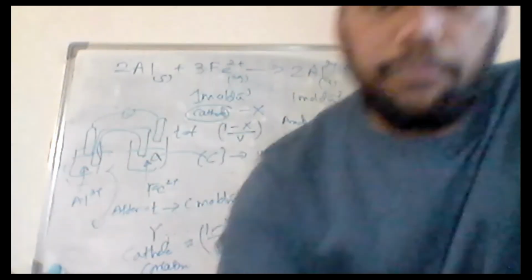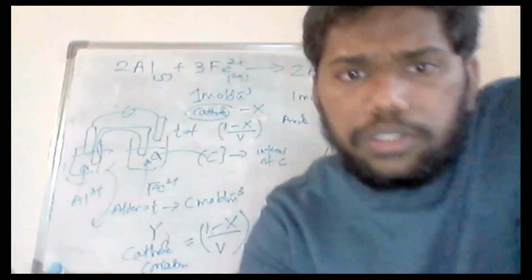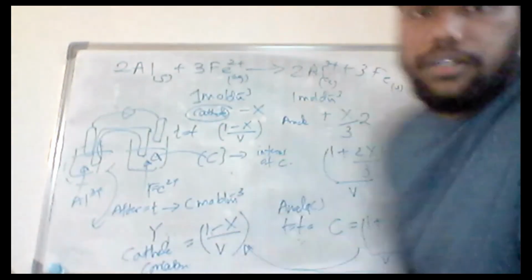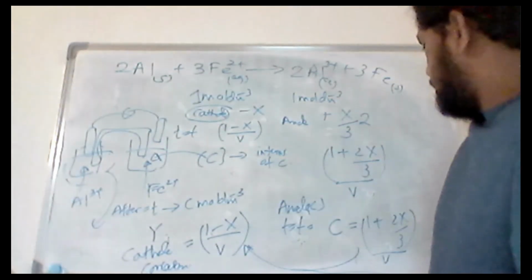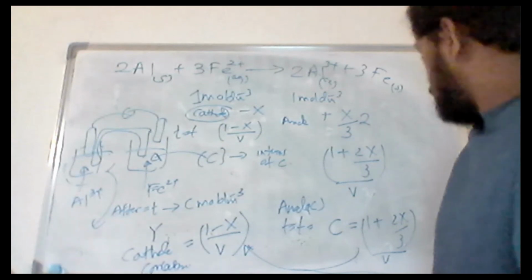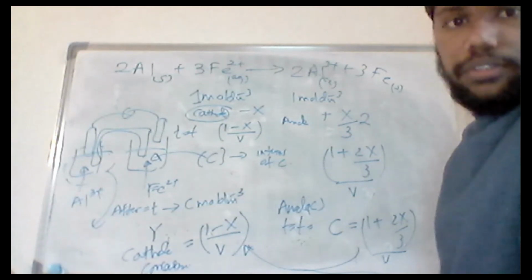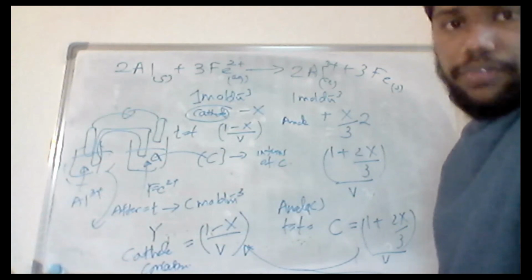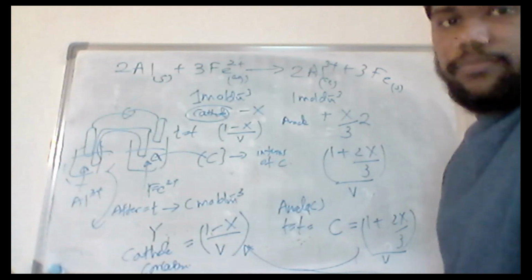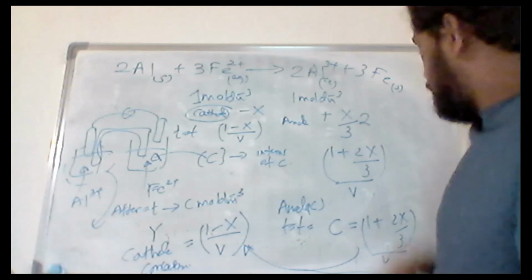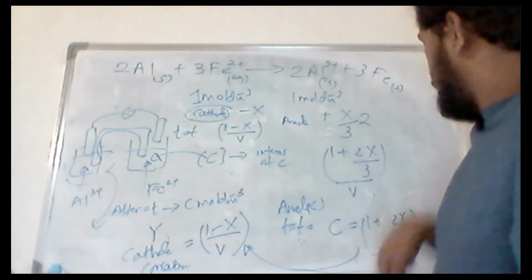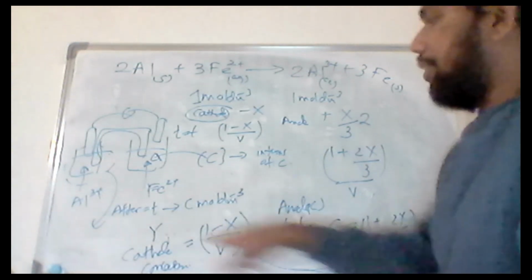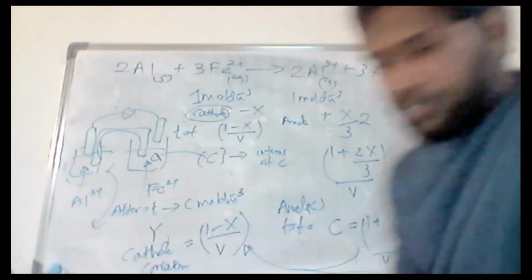Okay, so it is very clear. So the anode concentration C is 1 plus 2X over V. And the cathode compartment is this, so you can calculate X over V. What they have done is they have got an X over V ratio, and they have plugged this here to get the Y concentration.